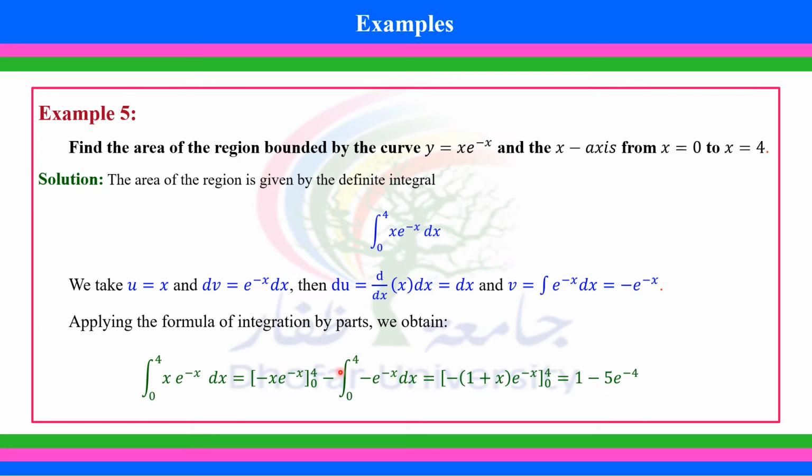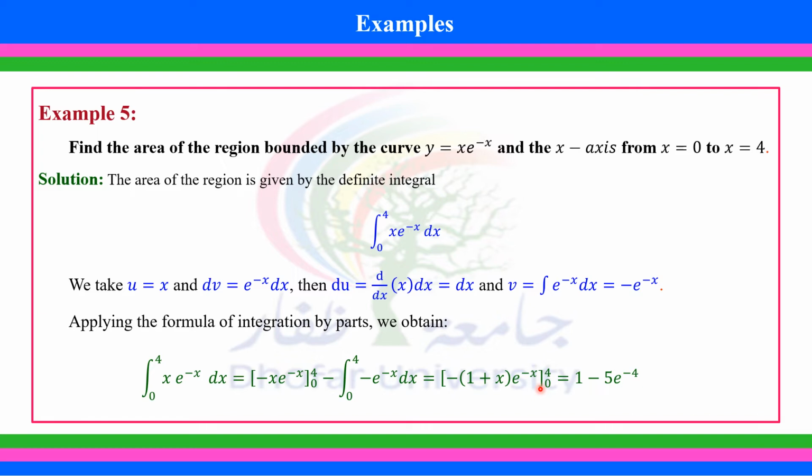So this integral is just, see, this negative goes out and becomes positive, and the integral of exponential minus x is minus exponential minus x. When we write it in a simple form, it is given by this function.